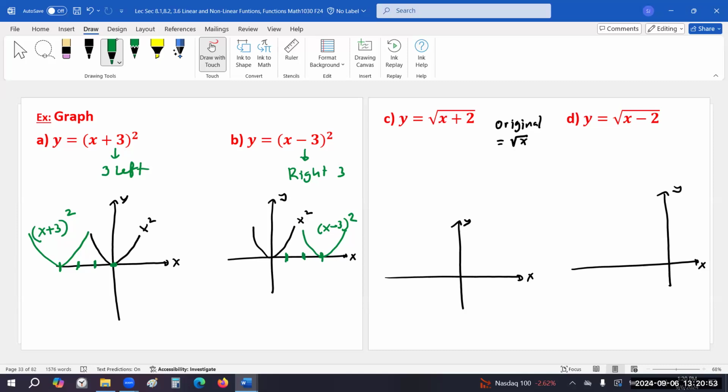That one is horizontal. Our original function is square root, and we have a number inside the square root, right? This 2 is inside the square root. That means this number is inside the original function. So if we have a number inside the original function, it's always horizontal.